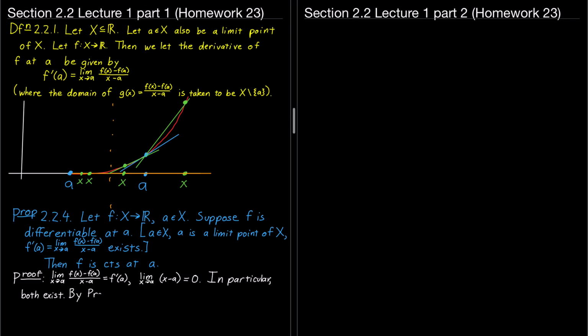So by proposition 2.1.5a, we have that the limit as X approaches A of f of X minus f of A over X minus A times X minus A. So proposition 2.1.5, sorry, this is part B, it says that if each of the two pieces has a limit, then the product also has a limit, and the limit of the product is the product of the limits. So this limit is in fact 0.